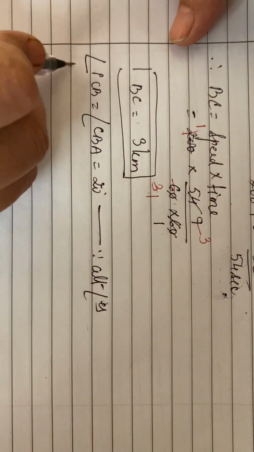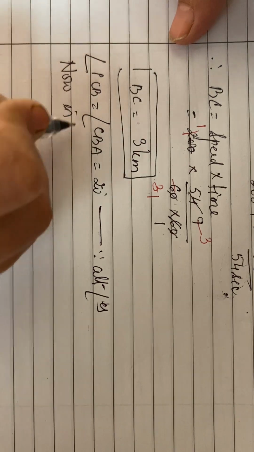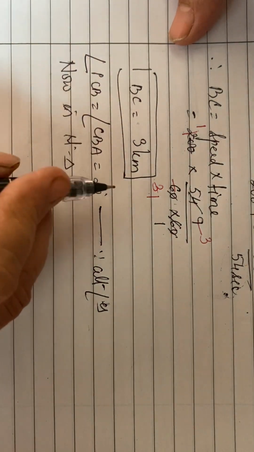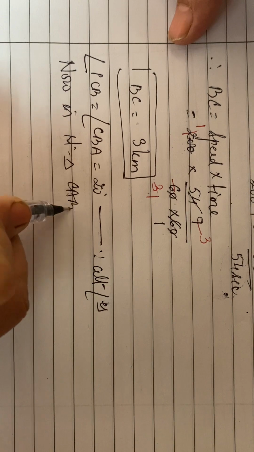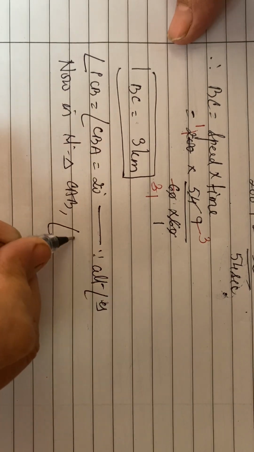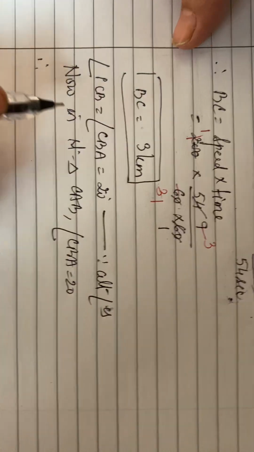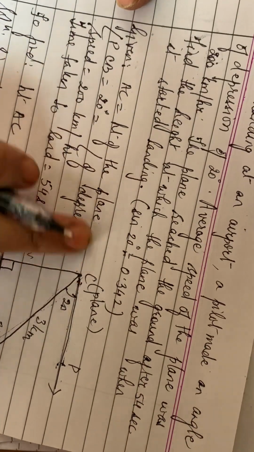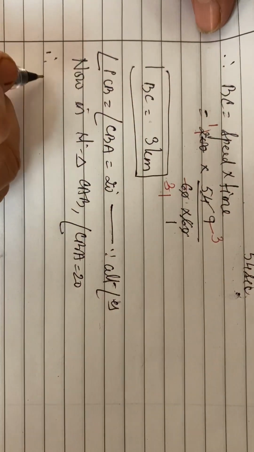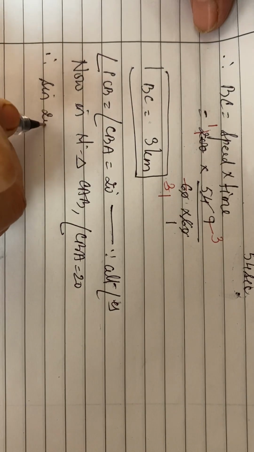So now in right triangle CAB, angle CBA is equal to 20 degrees. Therefore, we'll have to take the sine ratio because that hint is given to us. Sine 20.